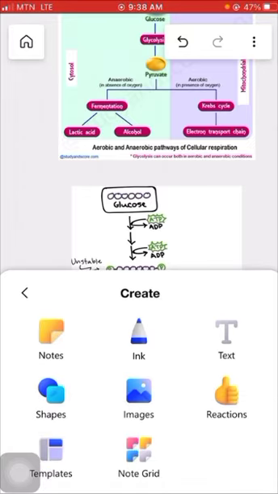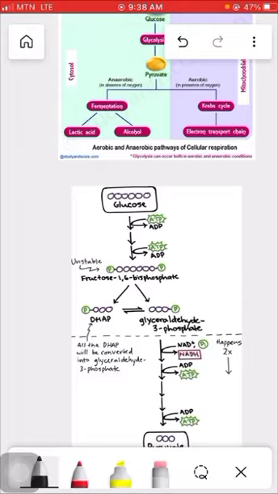In the preparation, this glucose is being converted into two 3 carbon molecules called glyceraldehyde 3-phosphate and dihydroxyacetone phosphate.